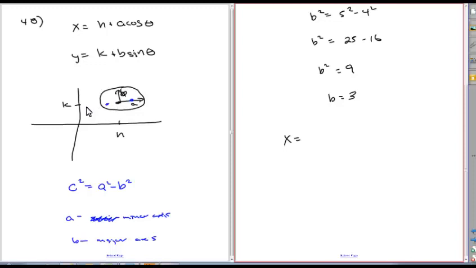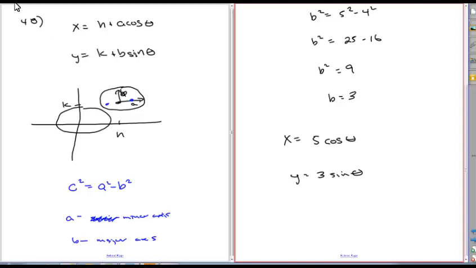It's going to be drawn like this. It's actually going to be centered at x equals 0. So these h and k in this particular case are 0. So it all just ends up being x is equal to a, which is 5 cosine theta, and y is equal to 3 sine theta. So that's the parametric form.